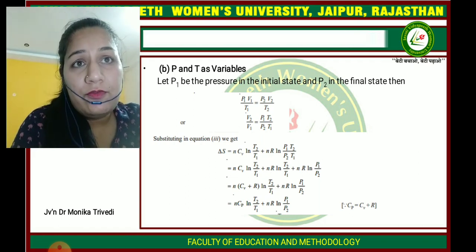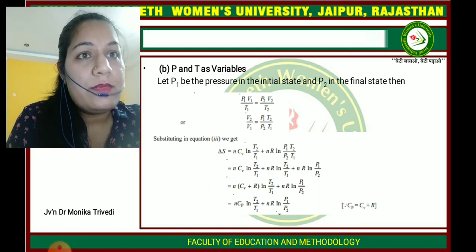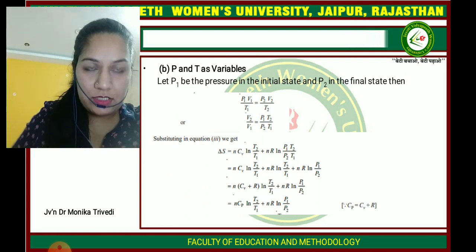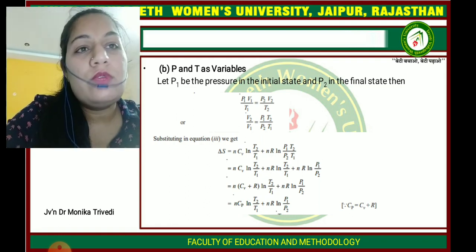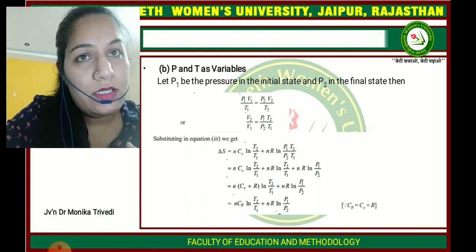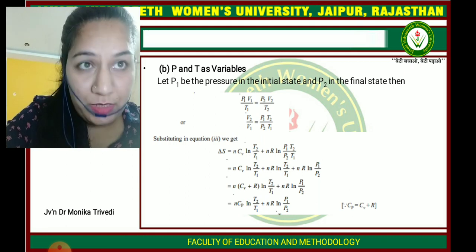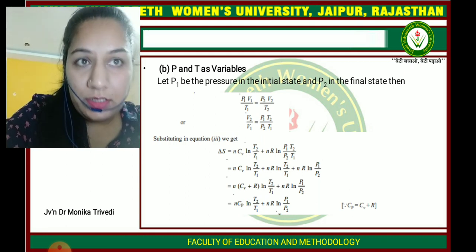For pressure and temperature variables, let P1 be the pressure in the initial state and P2 the pressure in the final state. So we get P1V1/T1 = P2V2/T2, or we can simplify it as V2/V1 = P1T2/P2T1.